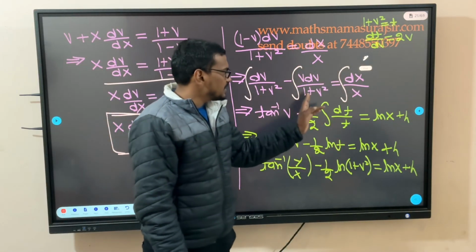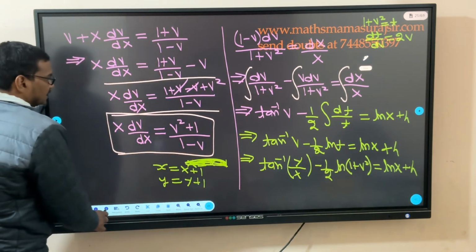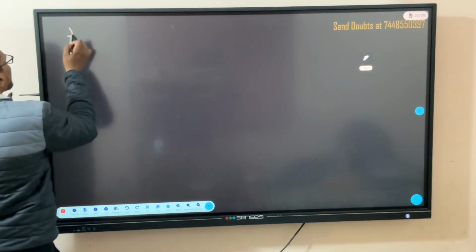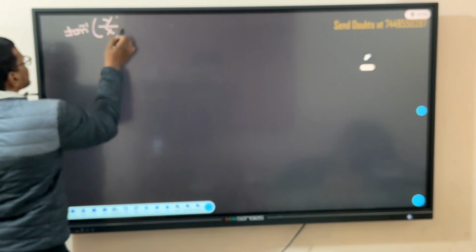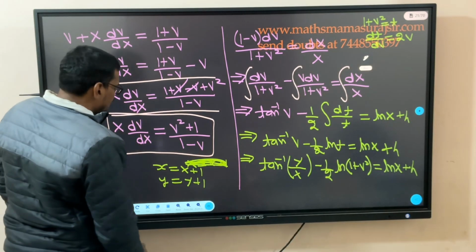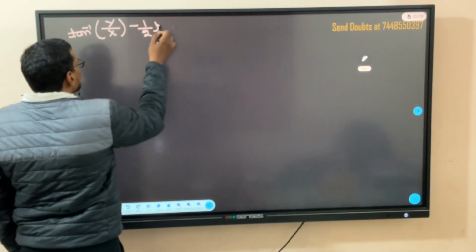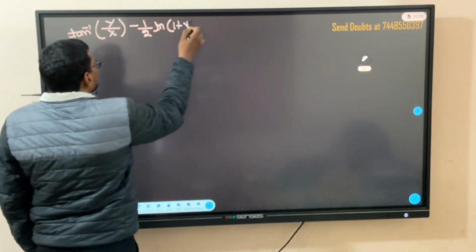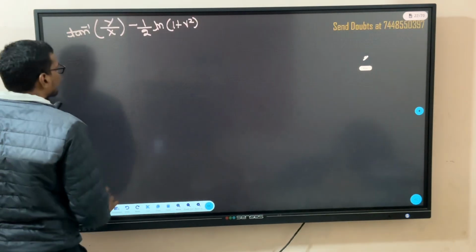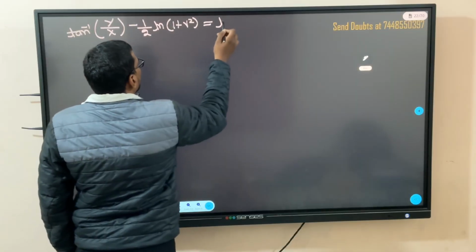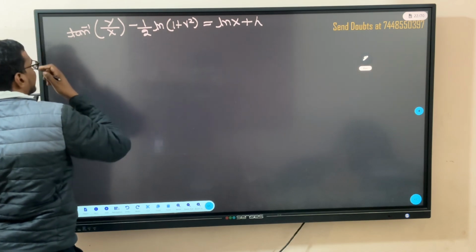Substituting t as 1 plus v square, we get tan inverse of y by x minus half of ln (1 plus v square) equal to ln x plus lambda.